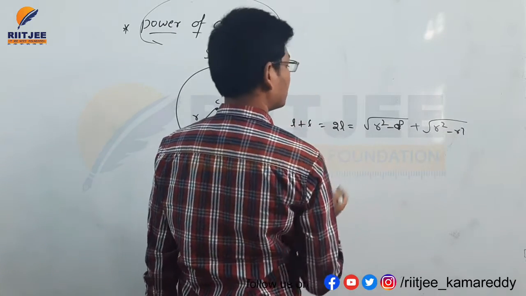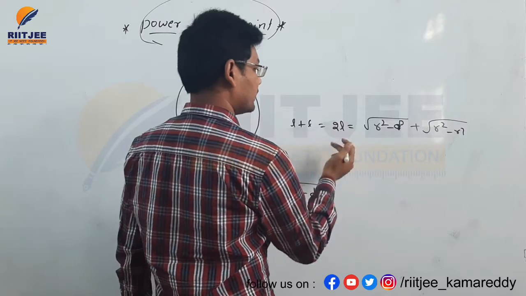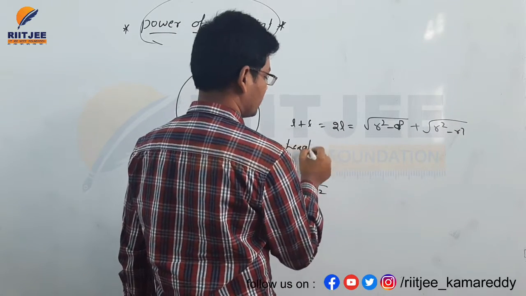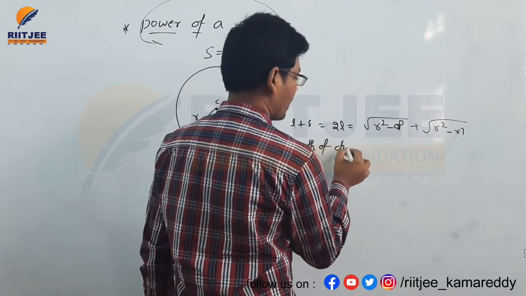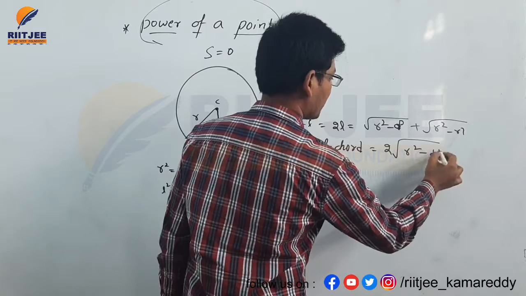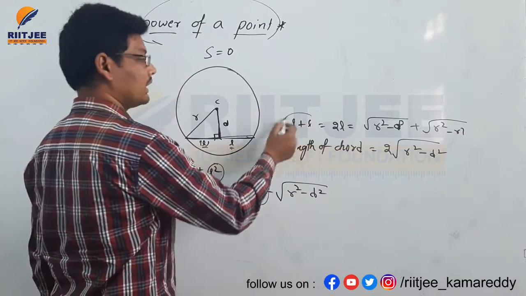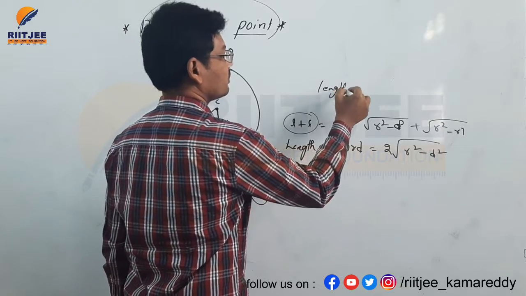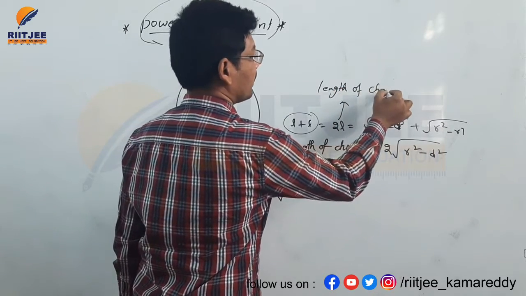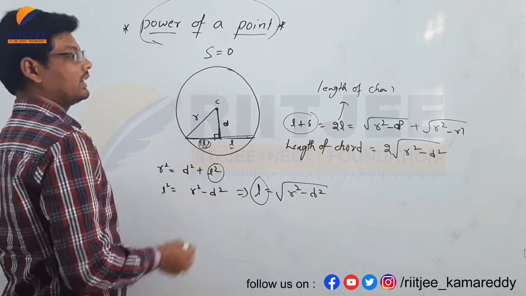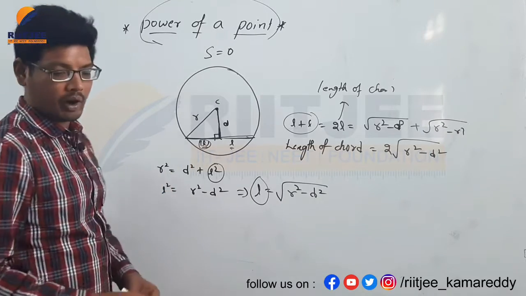We can write the total length of chord as 2 into square root of R square minus D square. 2L is nothing but the length of chord, and L is nothing but the intercept. This is all about the power of point.